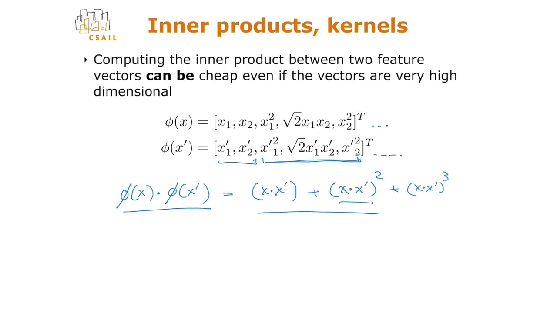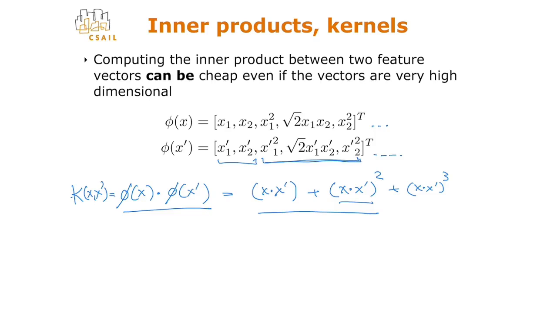Okay. Now this inner product of two feature vectors is known as a kernel function. A kernel function is a function of two examples, say x and x prime, and it always corresponds to an inner product between some feature vectors.